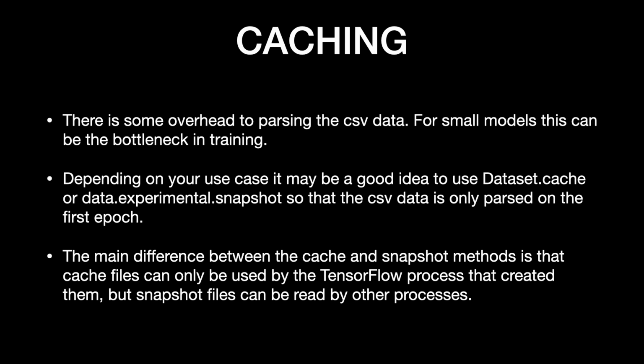For small models this can be the bottleneck in training. Depending on your use case it may be a good idea to use Dataset.cache or data.experimental.snapshot so that the CSV data is only parsed on the first epoch. The main difference between the cache and snapshot methods is that cache files can only be used by the TensorFlow process that created them, but snapshot files can be read by other processes.